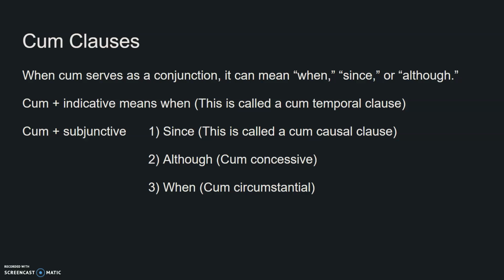Cum circumstantial clauses, just a reminder, cum temporal tells you when this happened, Y occurred. The 2 events are clearly connected. Circumstantial clauses are not connected. When Caesar was crossing the Alps, I found gold.